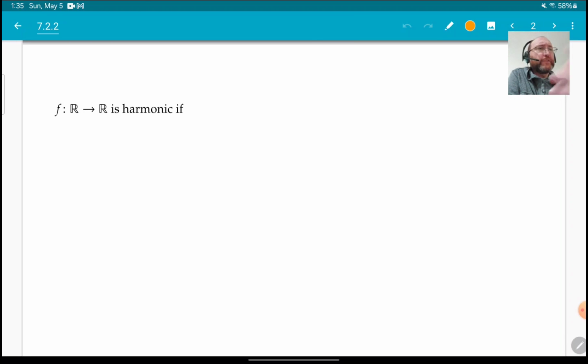So let's motivate this a bit. Let's suppose that instead of in the plane, we look in R, on the real line. What would harmonic mean? It's the same thing. It should be a function whose Laplacian is 0.